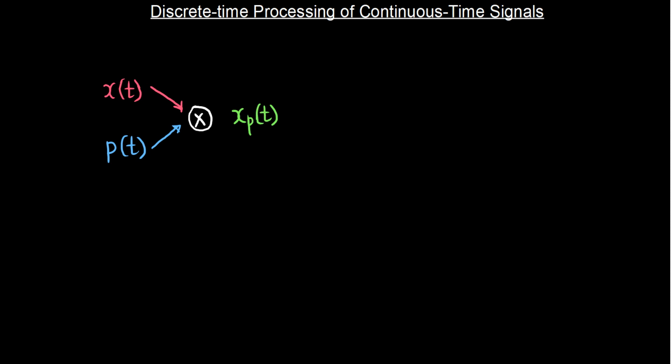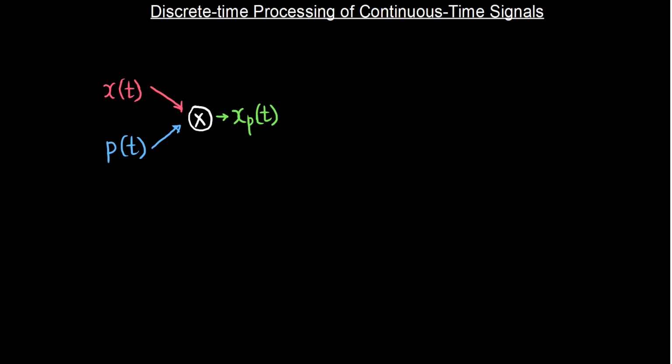So the signal that we have just obtained is xp of t, that is still continuous in nature, and we need to convert or map this set of impulses to the sequence.